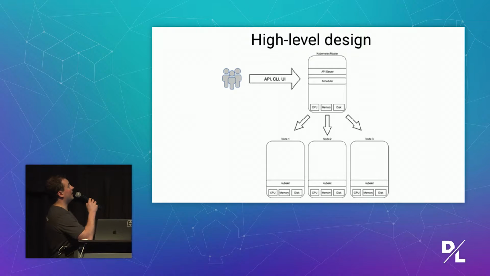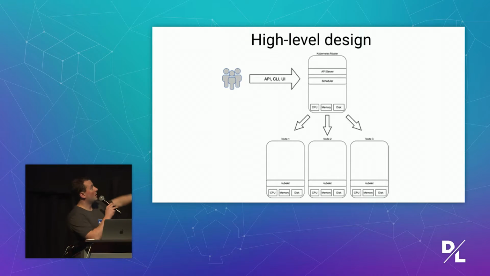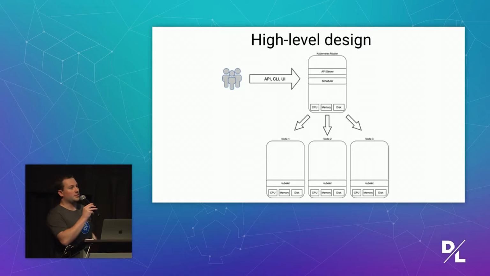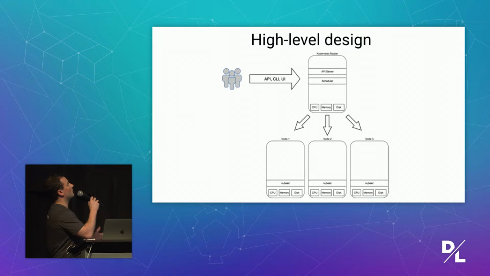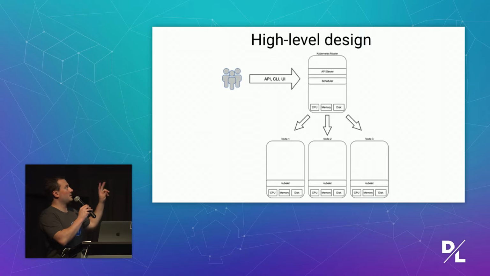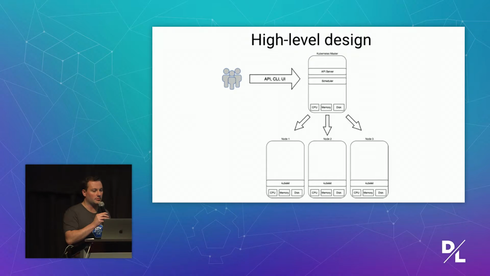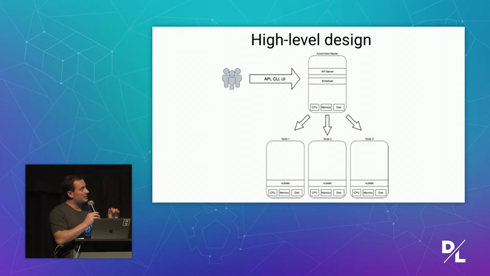All right, so let's talk about high level Kubernetes. On the top left, we have a bunch of users. This might be you hacking away at a command line. You might be interacting with the system with an API or the CLI or maybe using a dashboard. And you're talking to the Kubernetes master or masters. This is really the brains of Kubernetes. And there's really three key components in the master, but we'll just talk about two. Number one is the API.